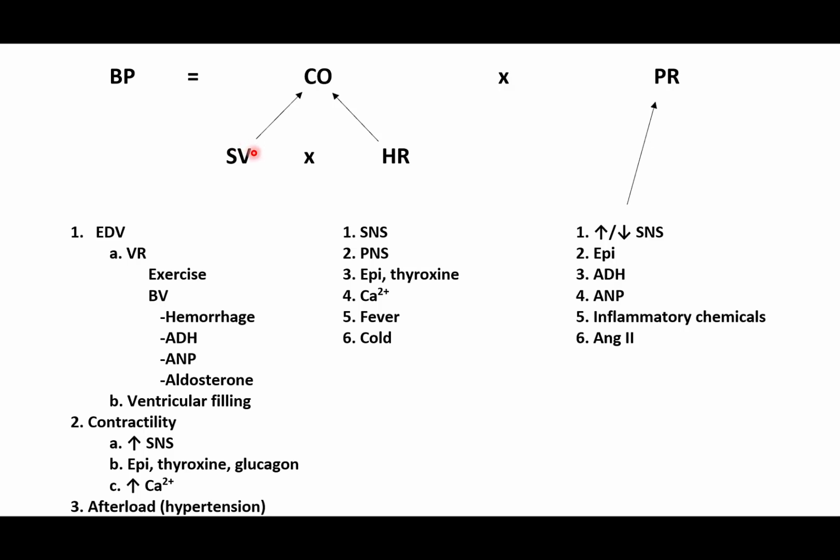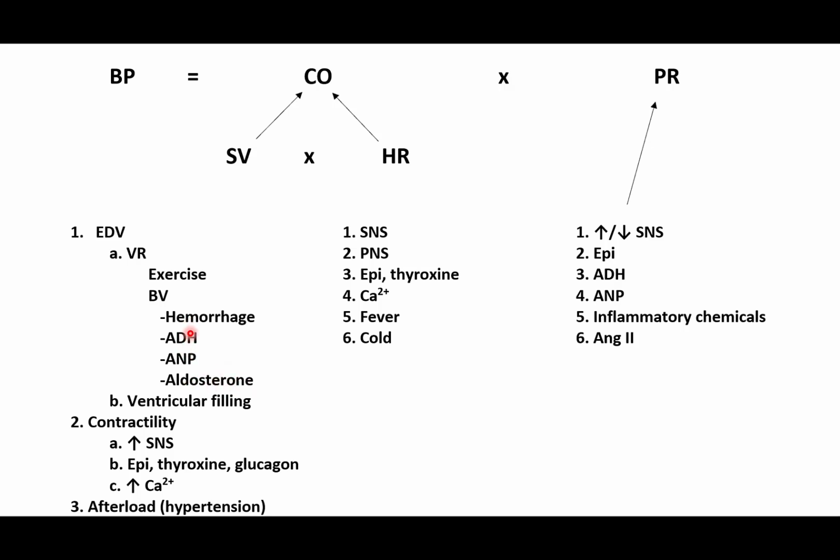Today, part of what we're going to learn is the things underneath venous return, exercise, and blood volume will regulate venous return, which in turn regulates EDV. And we will see how we regulate blood volume. Well, there are different things that impact blood volume: hemorrhaging, ADH, ANP, the atrial natriuretic peptide, and aldosterone.